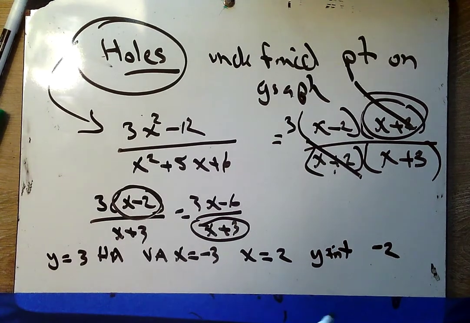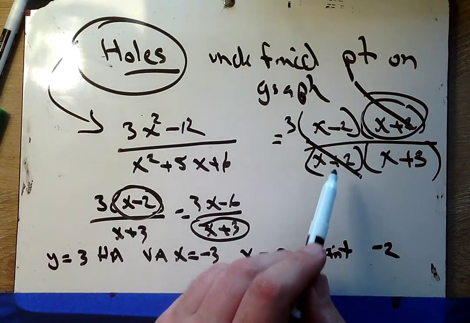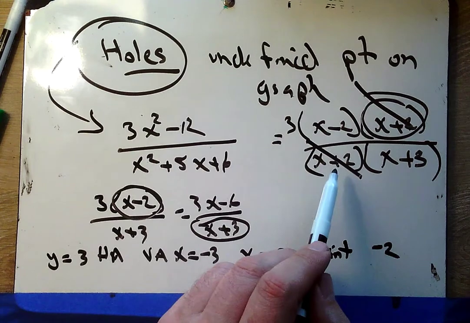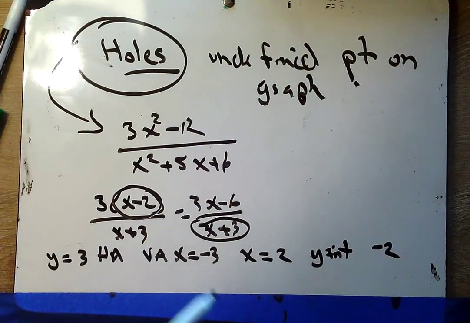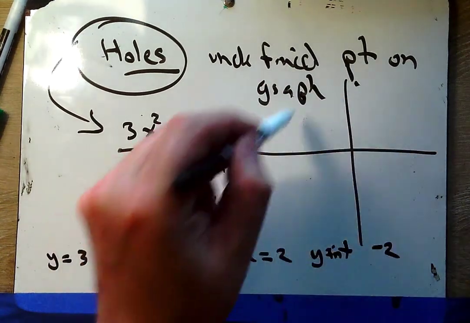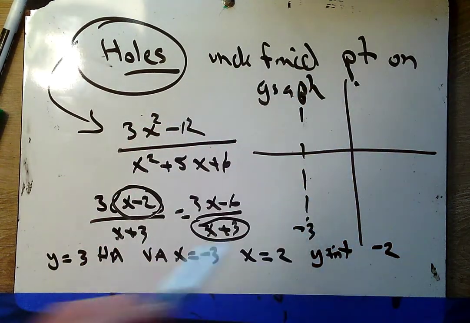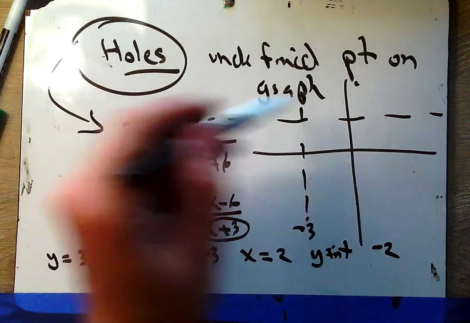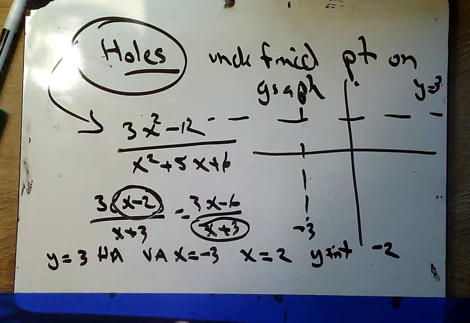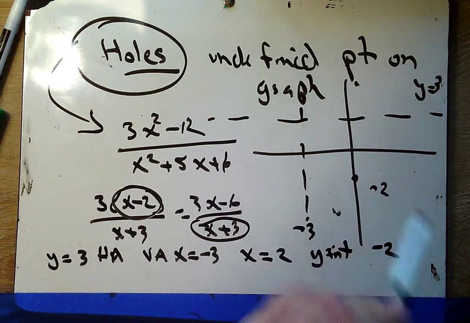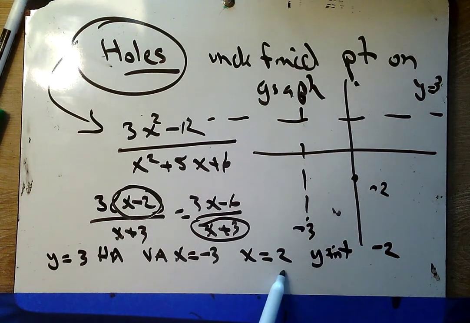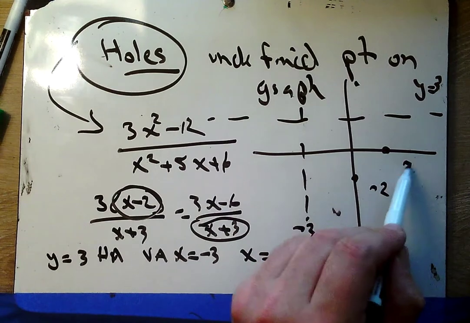So let's graph what we know, but look, there's a hole at negative 2, so keep that in mind. Hole at negative 2. We have a vertical asymptote at negative 3. We have a horizontal asymptote at y equals 3. We have a y-intercept of negative 2, and we have an x-intercept of positive 2. Great.